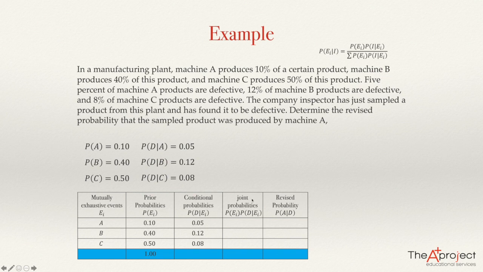Now the joint probabilities are just the product of these probabilities. So you multiply 0.10 times 0.05. The answer is 0.005. Now for the joint probability here, it will be 0.40 times 0.12, so it will be 0.048.